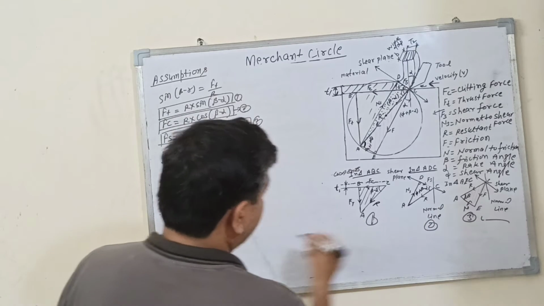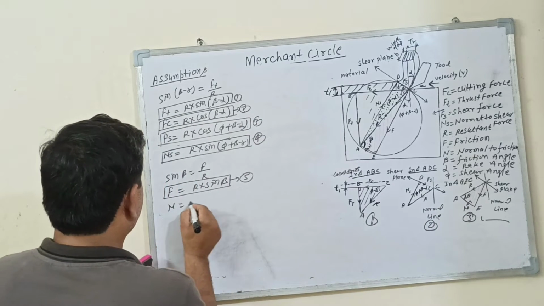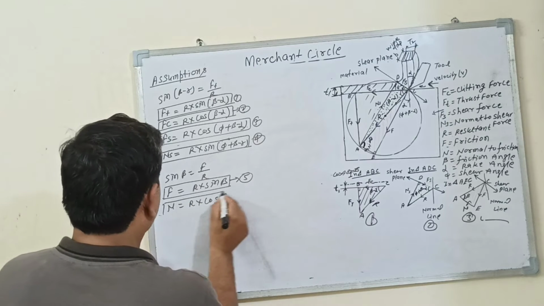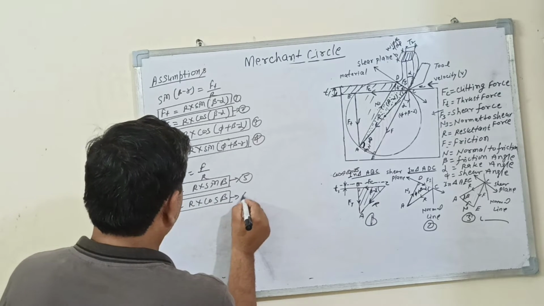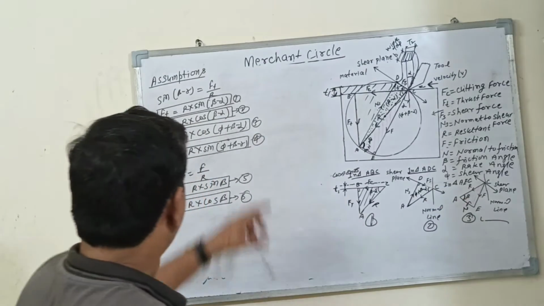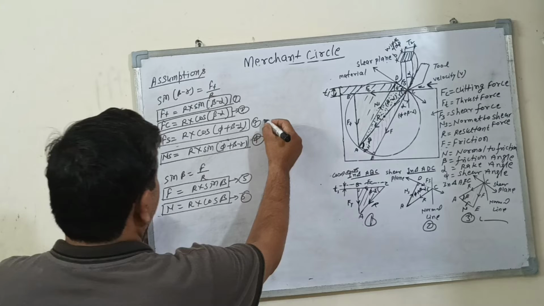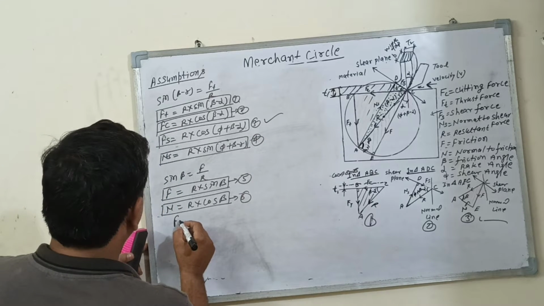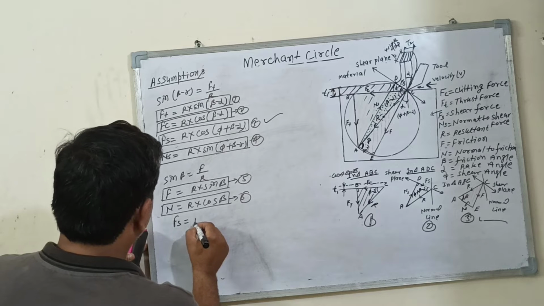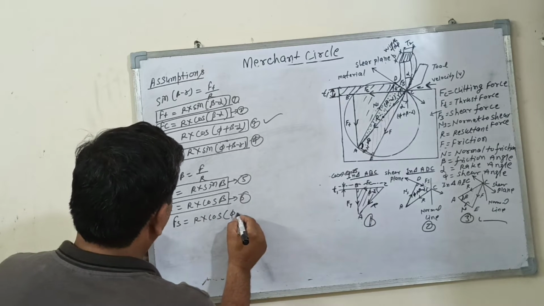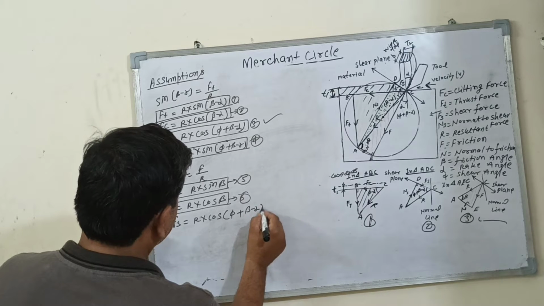The same applies here: N is equal to R cos B. This is equation number 6. From equation number 3, Fs is equal to R cos(phi plus B minus alpha).